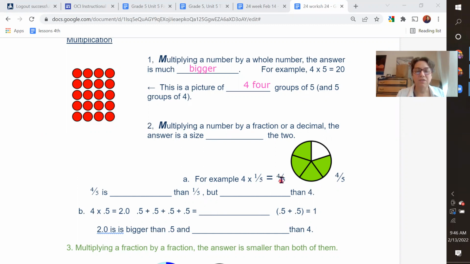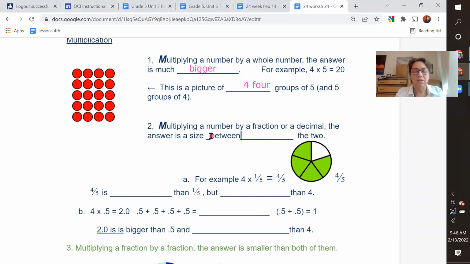And the size of 4/5 is, right? So the answer here is going to be between. Here's what 4/5 looks like. There's 1/5 here, 1/5, 1/5, 1/5. So it's 4/5, right? It's divided into 5 pieces and 4 of them are green, not on your paper, I know.